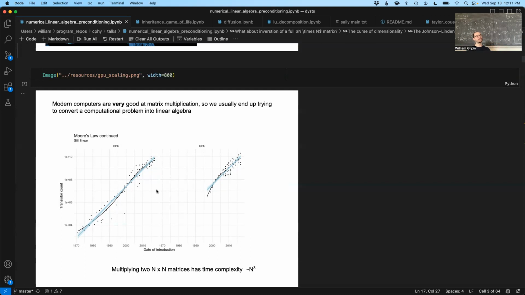So GPUs have made linear algebra suddenly a lot more interesting, and all these really obscure algorithms from the 80s are being revisited because they're relevant to optimizing on GPUs. And this graph is a little bit out of date. I think that GPU compute has actually exceeded CPU thresholds right now, but I wasn't able to find a new version yet.